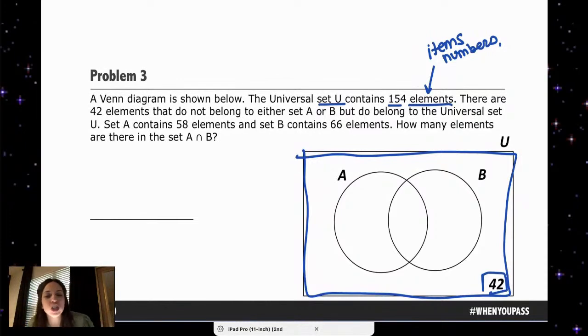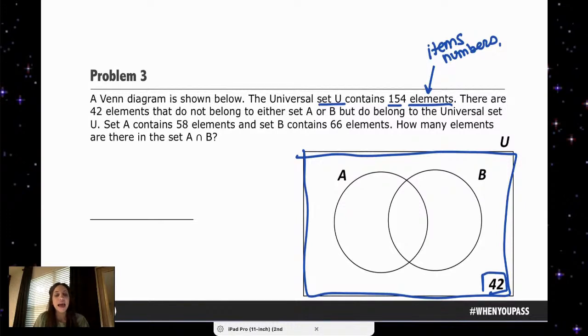So if we think of these as just different buckets, A is a bucket of numbers, B is a bucket of numbers, U is a bucket of numbers. And the B bucket and the A bucket share some. And then there's U, which includes everything except there's 42 things that belong in U, but that don't belong in A and B. Hence why the 42 is on the outside.